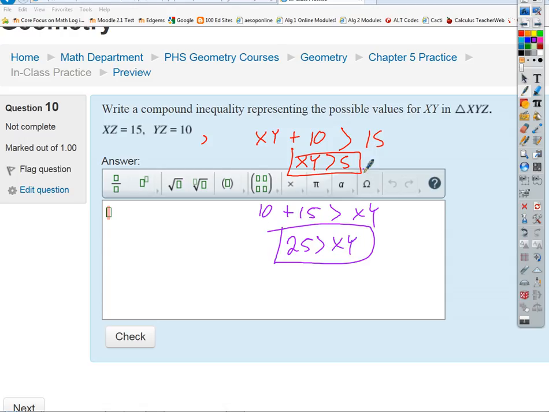Well, how do I say both of those things at the same time? Compound inequality. So now I put XY in the middle, and I say it's got to be greater than the small number on the left and less than the big number on the right. That's it. Okay? Make sense? Questions on that?